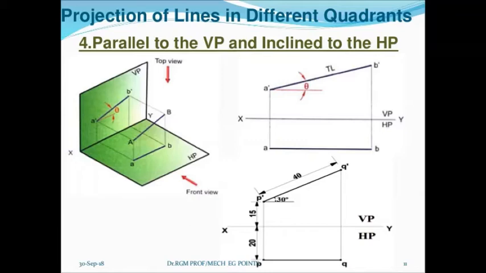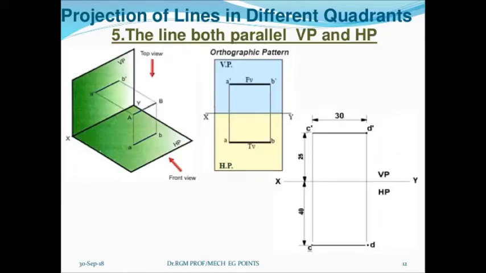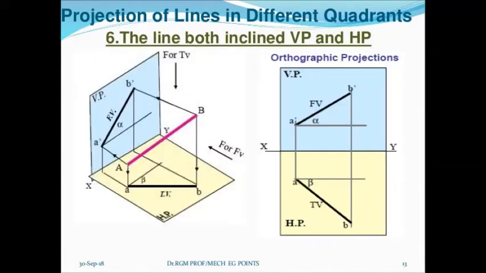And this one, the fourth one, this isometric figure shows an object placed here, that is our line AB, which is parallel to VP but inclined to HP. This is the fifth position. Here our object is a line represented by the letters AB. The line is fixed parallel to both VP and HP.